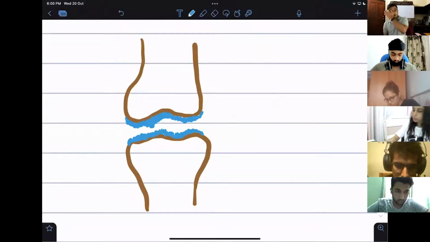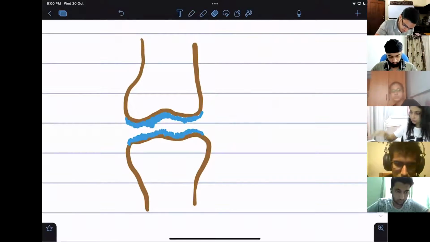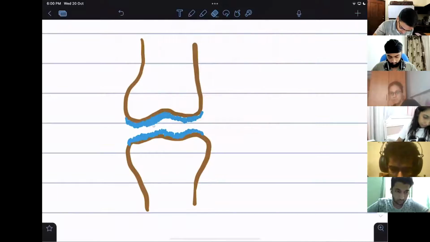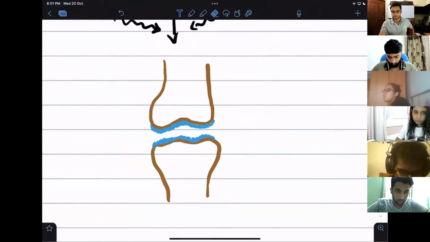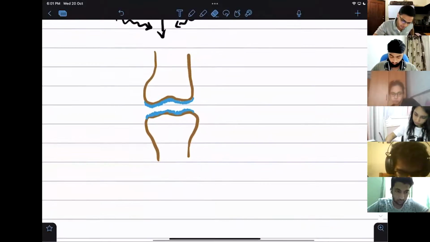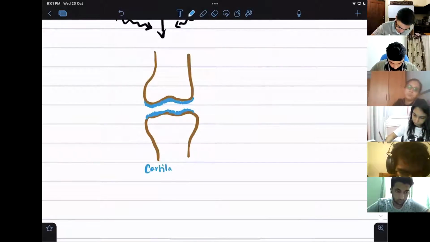Maybe don't draw outgrowths. It will still be the same cartilaginous shape, no outgrowths as such, but a little bit irregular. This is our basic cartilage wear.